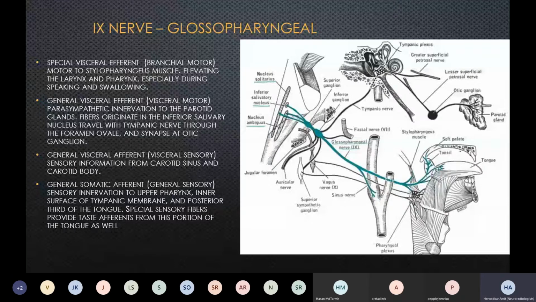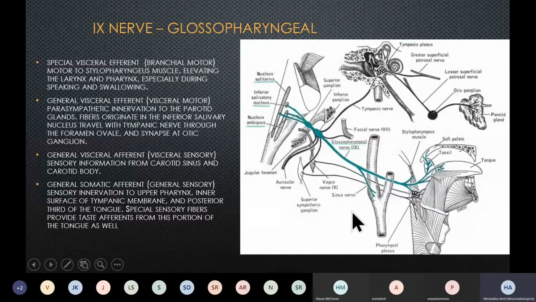Depending upon the function that it subserves, there are different nerve fibers and different nuclei. So what are the different ones that we know about? We have the efferent fibers, efferent as in motor, and the afferent fibers, as in sensory. The efferent fibers include the special efferent motor control, and as I said, the main one is the stylopharyngeus muscle.